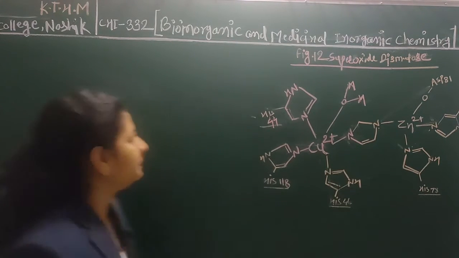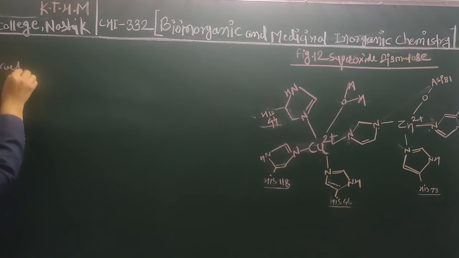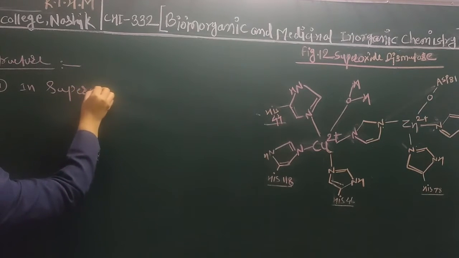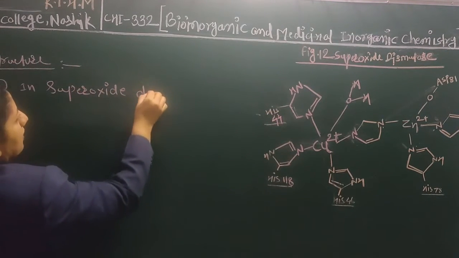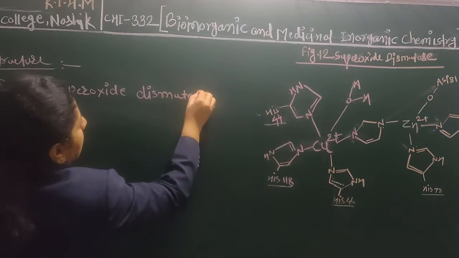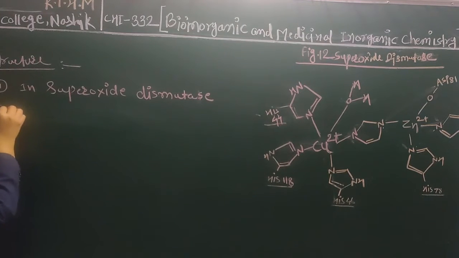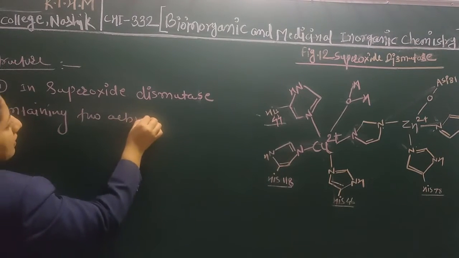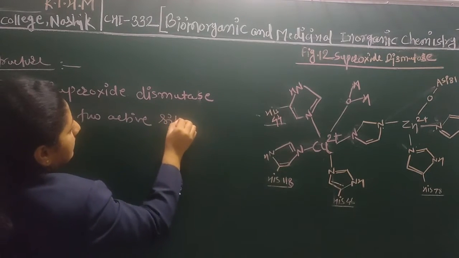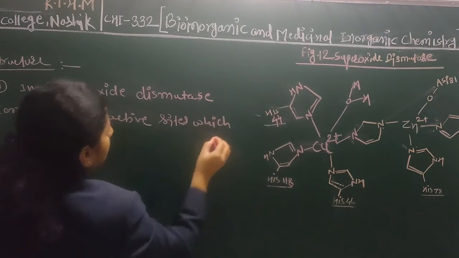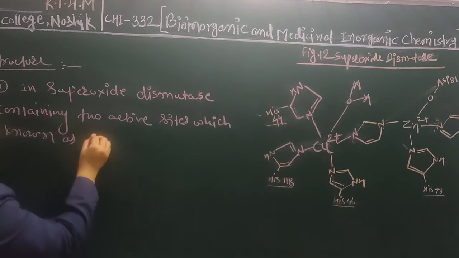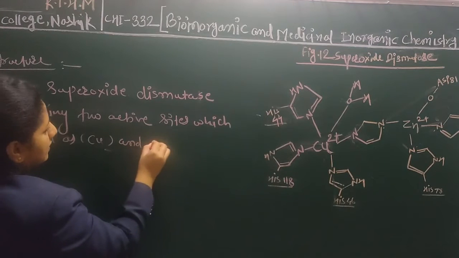superoxide dismutase in detail. In the structure of superoxide dismutase, containing two active centers, sites known as copper and zinc centers.